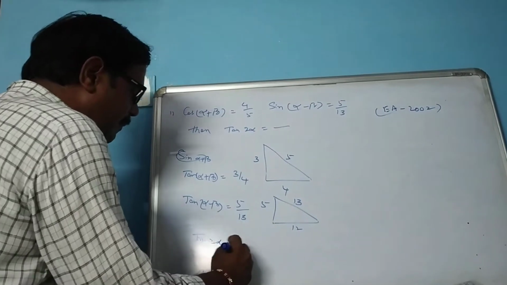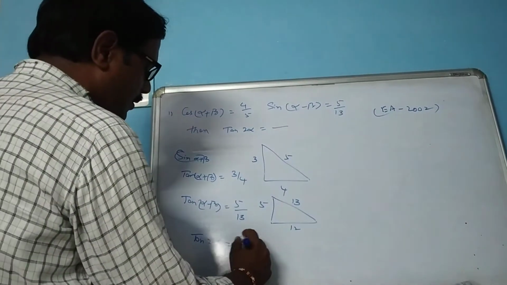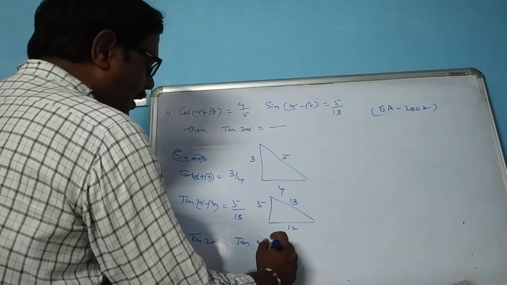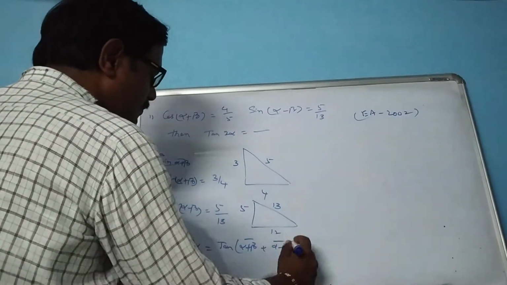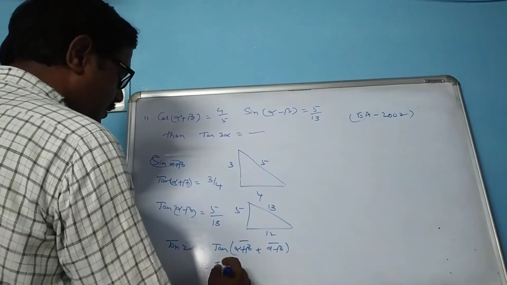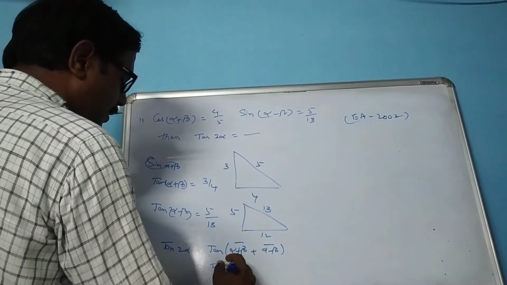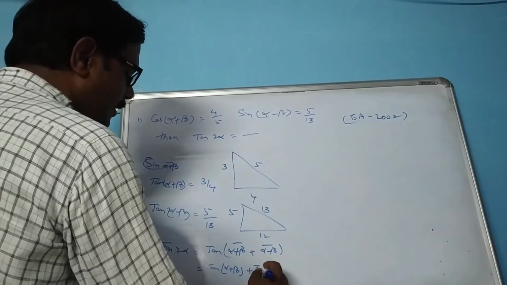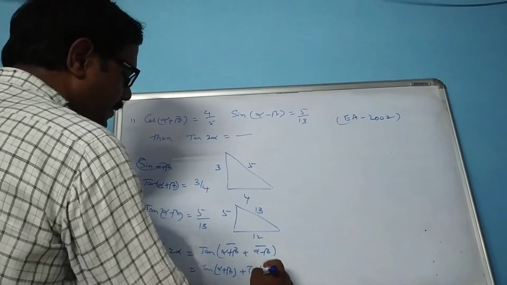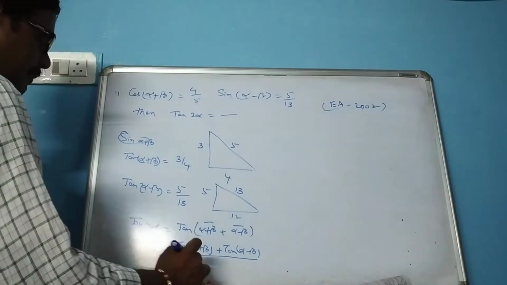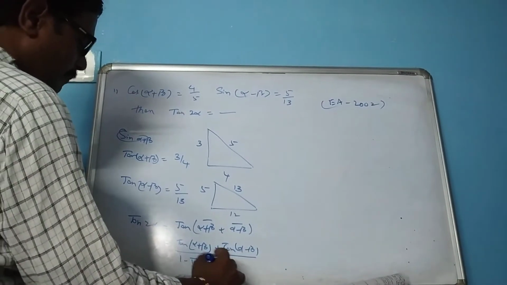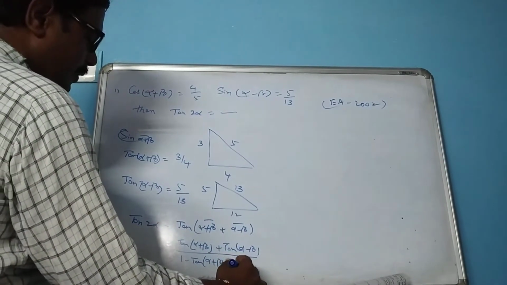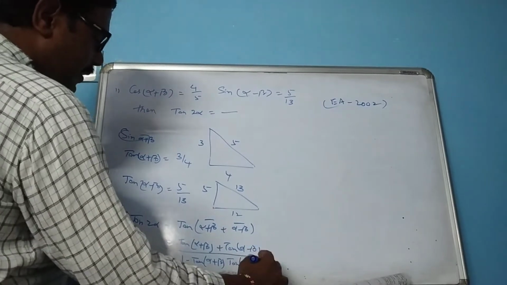Now, coming to the point tan 2 alpha. Tan 2 alpha can be written as tan ((alpha plus beta) plus (alpha minus beta)). This is (tan (alpha plus beta) plus tan (alpha minus beta)) divided by (1 minus tan (alpha plus beta) into tan (alpha minus beta)).